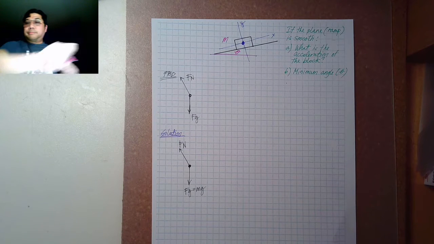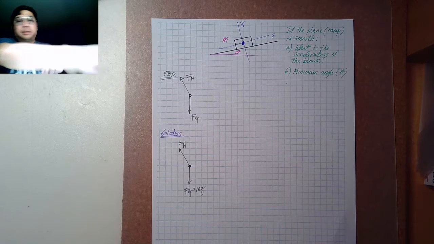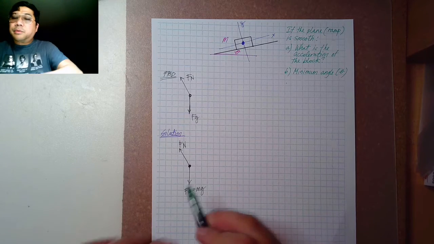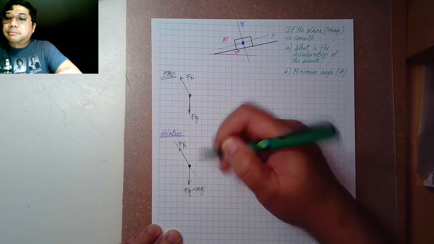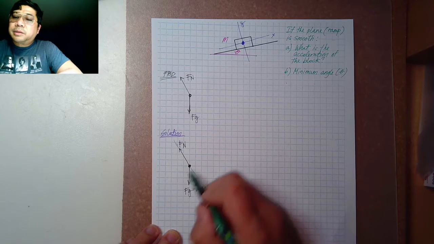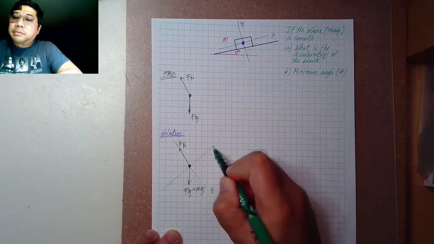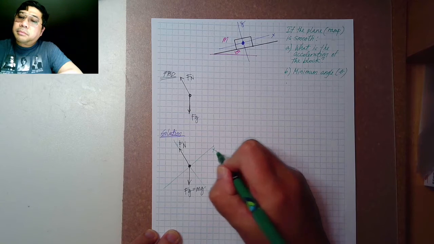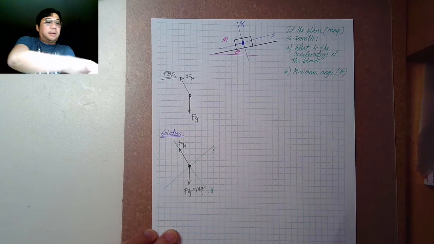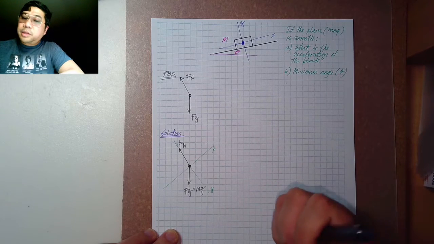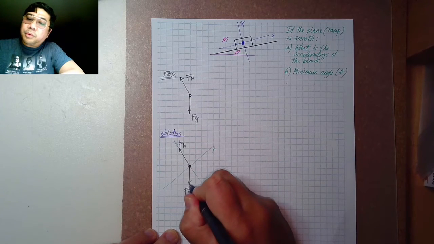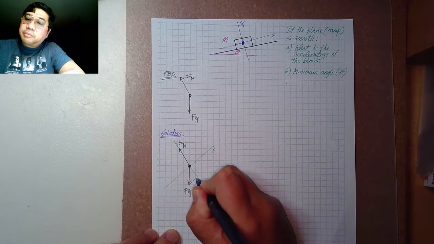And then of course, allow me to draw this as part of our x and y coordinates. So if this is our y-axis and this is our x-axis, you notice right away that we have components for Fg.